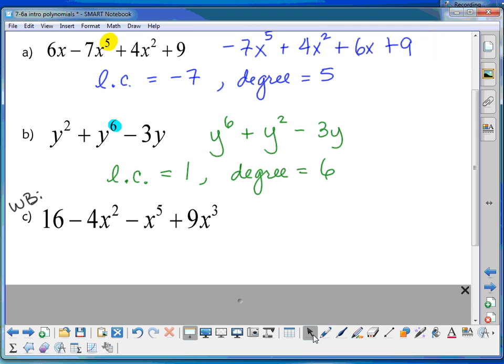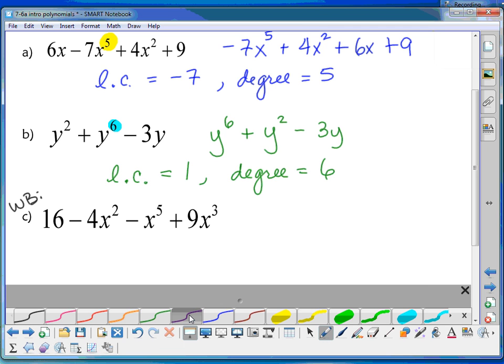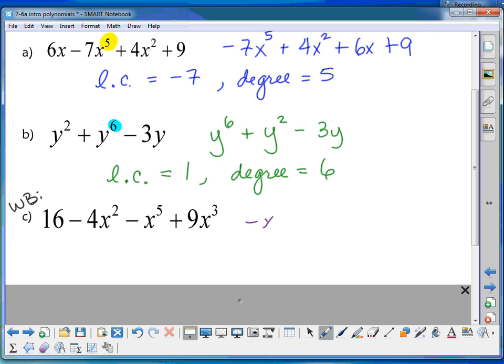Okay, so your standard form, I had to start with a negative x to the 5th, and then came plus 9x cubed minus 4x squared plus 16. So everybody, what was my leading coefficient? Everybody? And everybody, what is my degree?